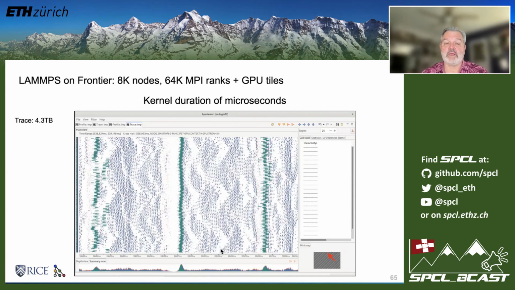What we believe is happening is, in LAMMPS you're doing molecular dynamics for a volume in space, and you're communicating with your left and right, up, down, front, back neighbors. If you get delayed, then your right neighbor is going to be delayed waiting for you, and their right neighbor is going to be delayed, and that results in a propagation of delays. And then the waves collide and cancel and whatnot.